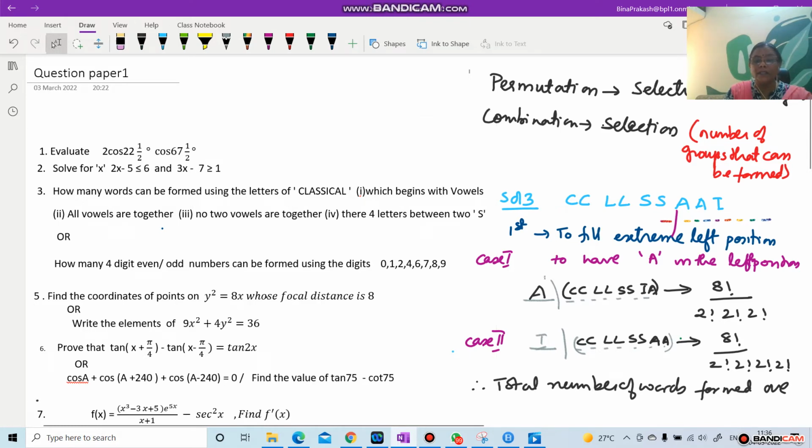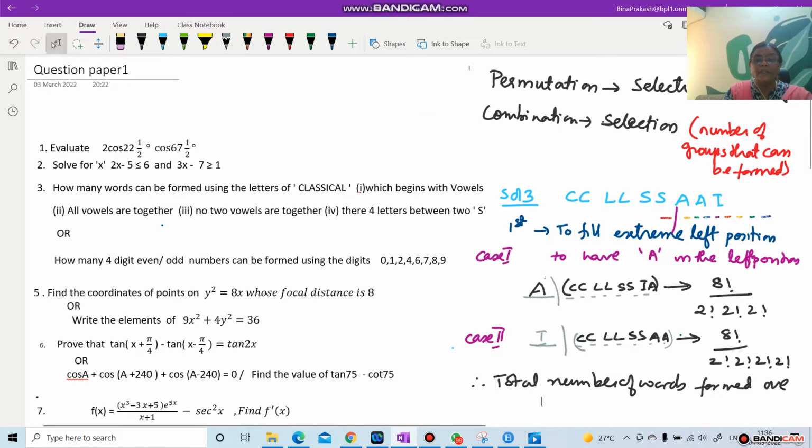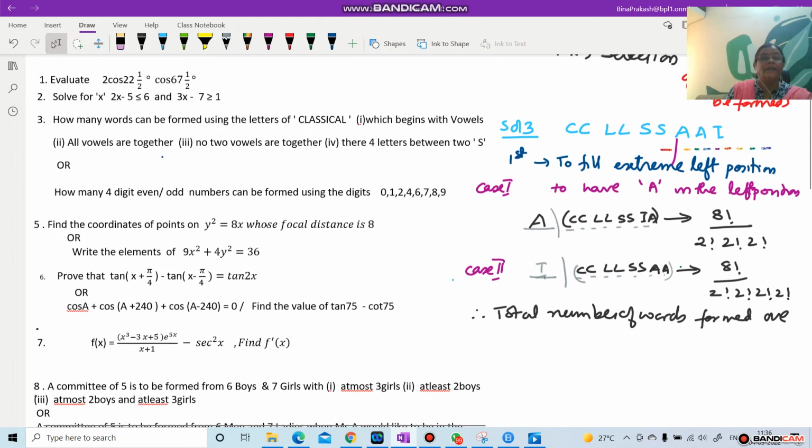So that gives us 8 factorial upon 2 factorial whole cube, you can write it this way, plus 8 factorial upon 2 factorial whole to the index 4. Now, suppose you have some time left after you have attempted all the questions, and you come across this question as revision part, then you can always go in for the simplification.